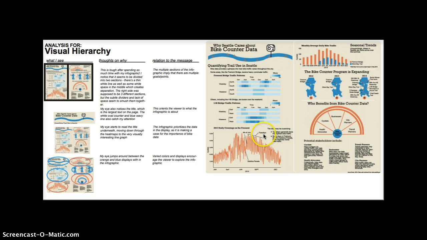Next, I think you'd probably be drawn down to this very visually appealing, energetic line chart, possibly over to this very large wheel display, and then up through this blue-orange pattern.